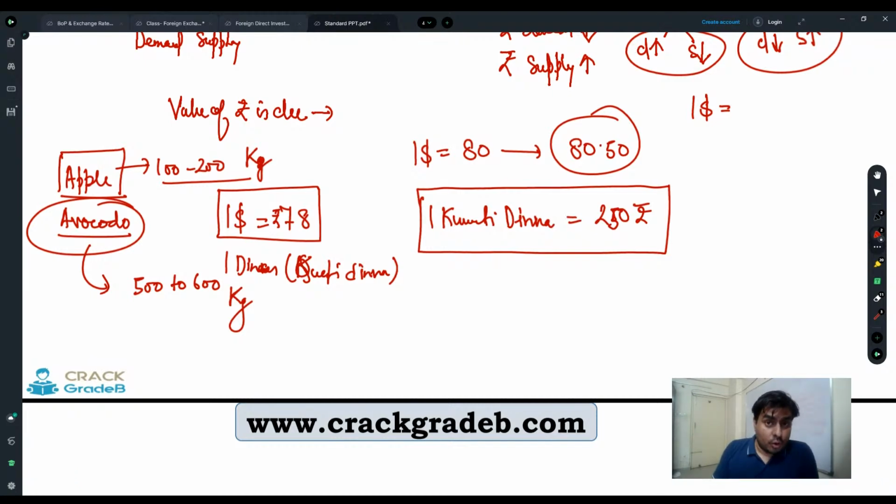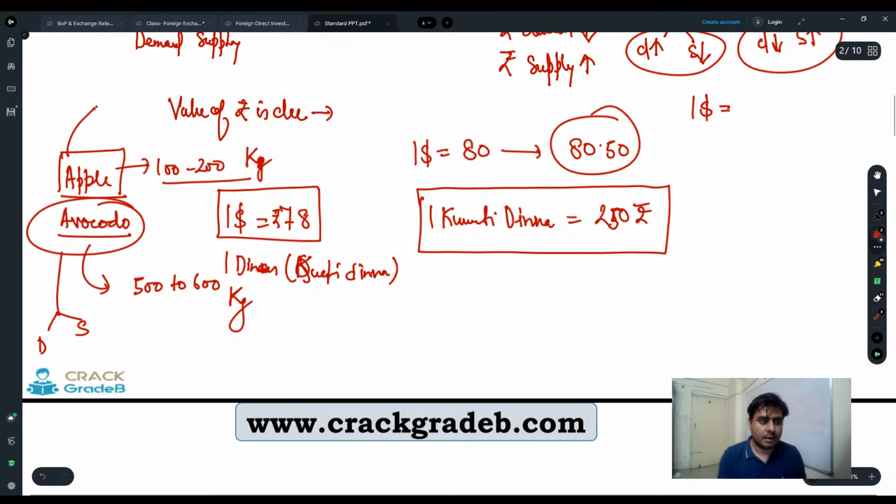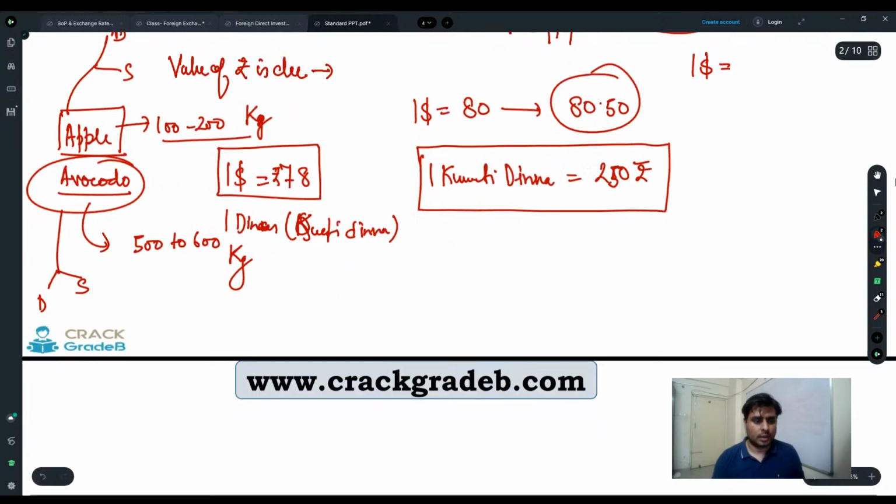So why is avocado so costly in comparison to apple? The point is, if you see the demand and supply of apple, and the demand and supply of avocado, right?